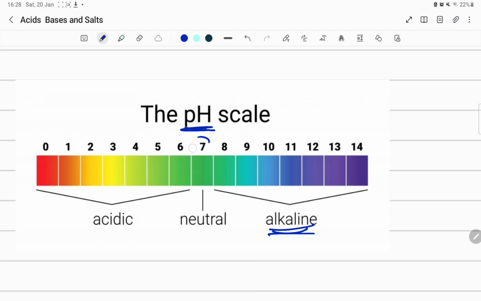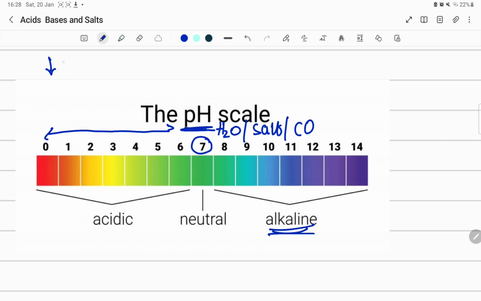Now, if you look here, number 7 is neutral. That is your water, that is your salt. All the numbers before 7 account for acidic. All the numbers after 7 account for alkaline. Now, the lower the pH is, the stronger the acid.